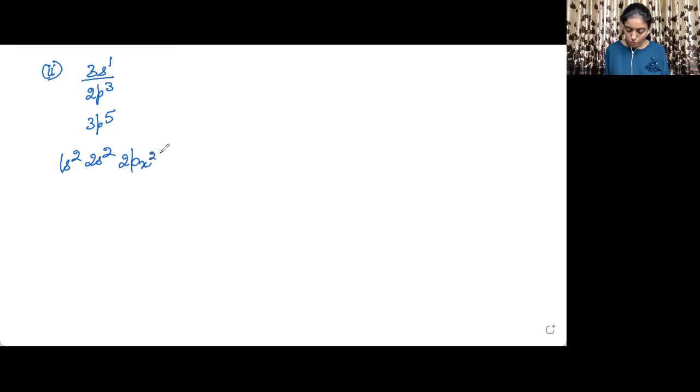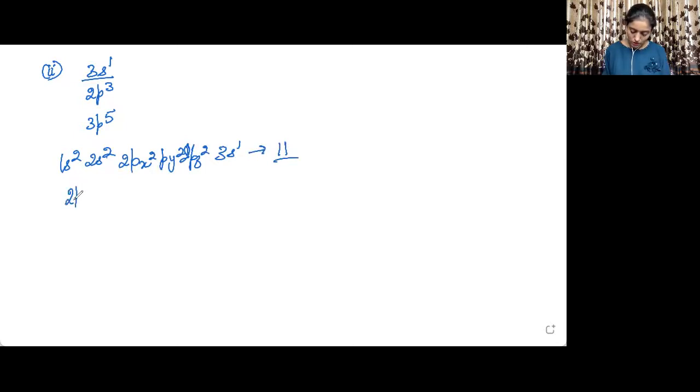So 2px2, 2py2, 2pz2. Now after 2pz, there is filling of the 3s orbital. So here it is 3s1. Now you can just count the number of electrons in this configuration: 2, 4, 6, 8, 10, and 11. So 11 is the atomic number. So it is sodium. All right.